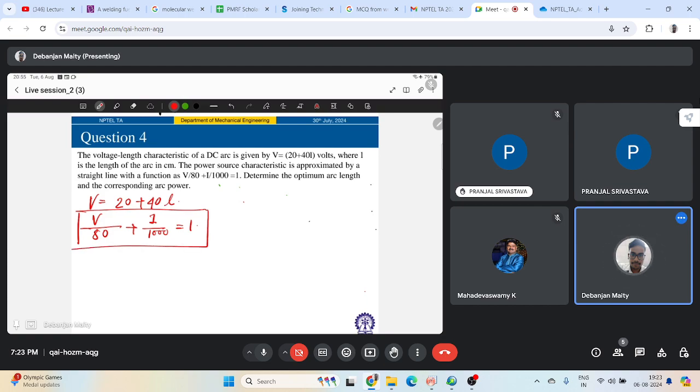There is some analytical formula through which you can characterize your power source: V by OCV plus I by SCC equal to 1. Can you tell me what is OCV and SCC? Any idea?